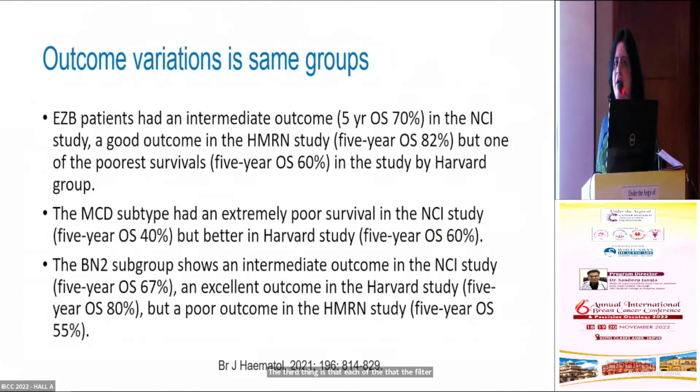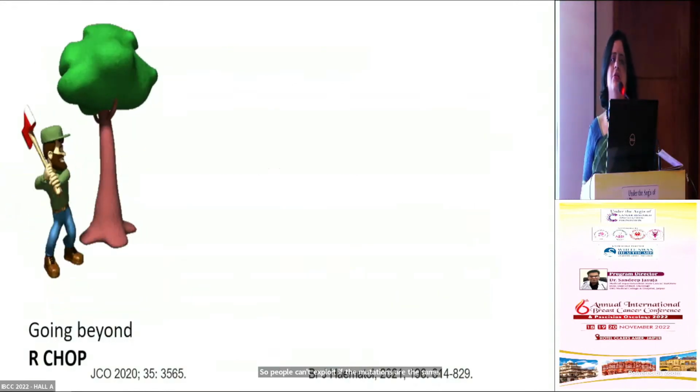The overall survival outcomes also varied. For example, the EZB patients had an intermediate outcome in the NCI study, a very good outcome in the UK study, and the poorest survival in the Harvard study. So people can't explain it if the mutations are the same. That's because a lot of it depends upon clinical context. And that's the challenge that we have.